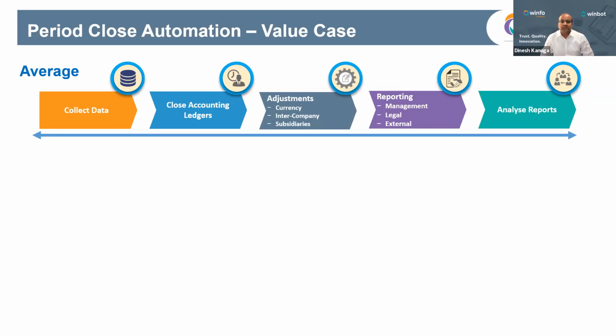It requires rigorously following a month-end checklist, from gathering data to closing the accounting ledgers, generating various statutory, management or internal reports, and then analyzing the reports. Typically, an average organization takes until workday 6 to close their accounting records and day 12 to generate the reports which can then be published for external and internal analysis.